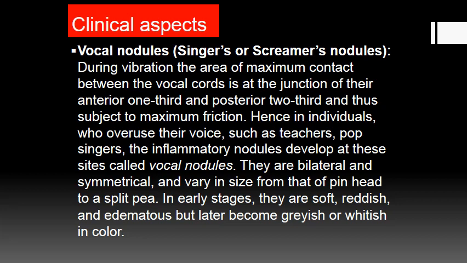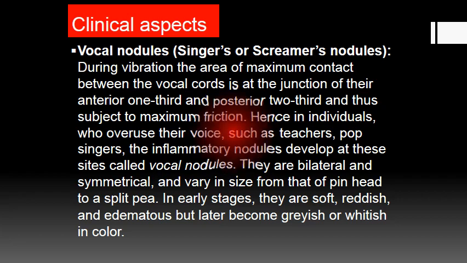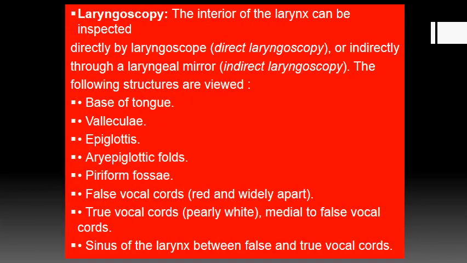Hence, in individuals who overuse their voice, such as teachers or singers, inflammatory nodules may develop at these sites, called vocal nodules. They appear pin to split-pea shaped. In early stages, they appear soft, reddish and edematous, but in later stages it becomes grayish or whitish in color.